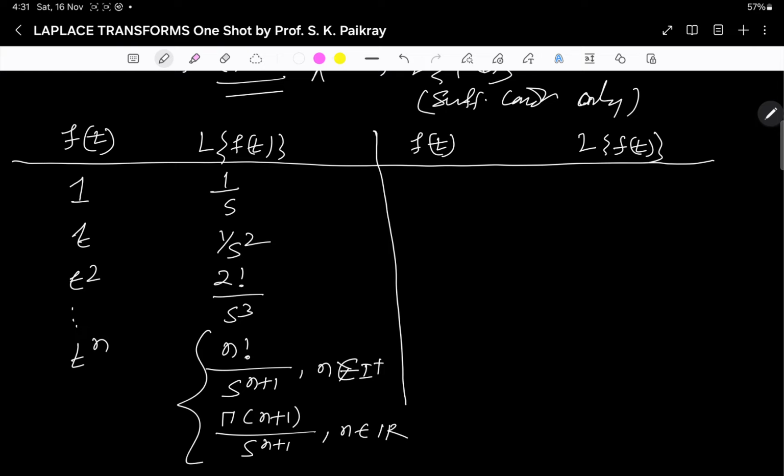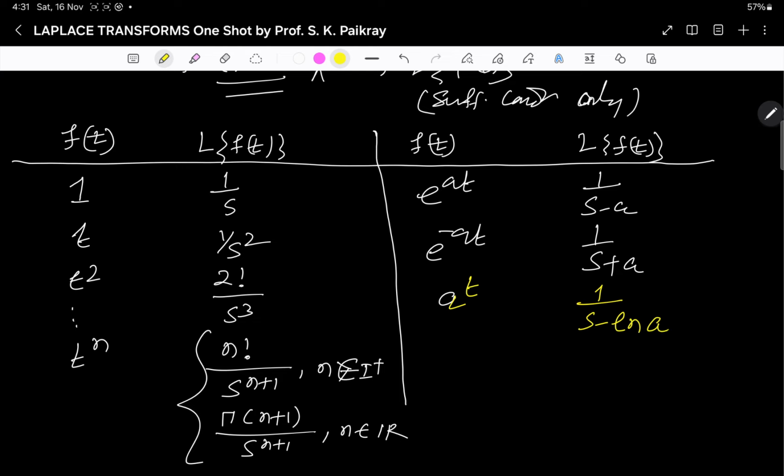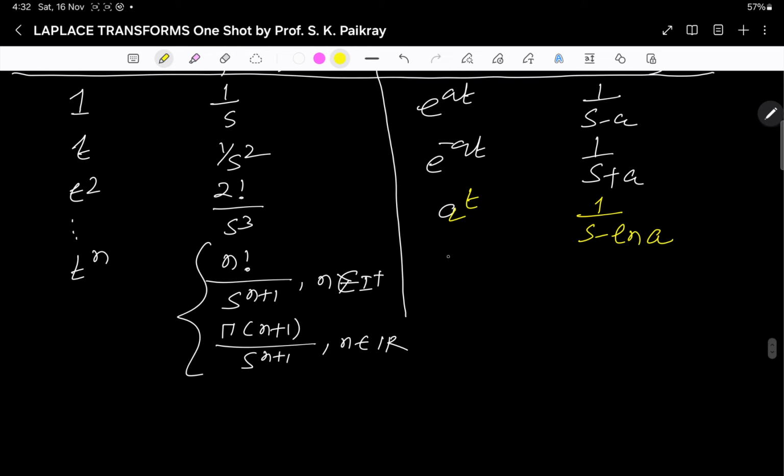Now if it is e to the power at, it is 1 by s minus a; e to the power minus at, 1 by s plus a. Likewise, a to the power t is 1 by s minus ln a. If it is sin omega t, it is omega by s square plus omega square.